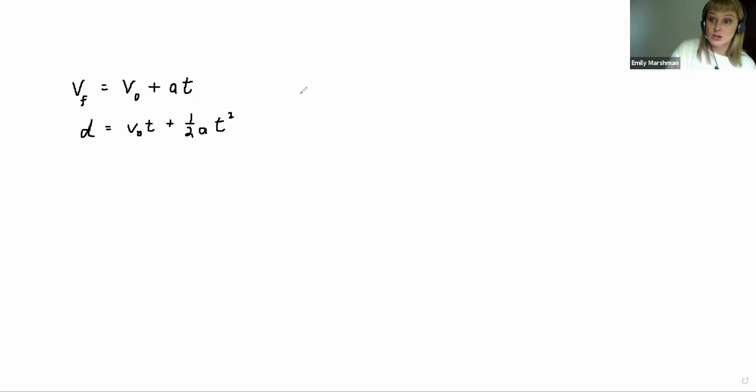These two equations can only be used when the acceleration is constant and it's not changing with time. So the acceleration could be 0. Maybe you're not accelerating at all, you're just moving at a constant rate.